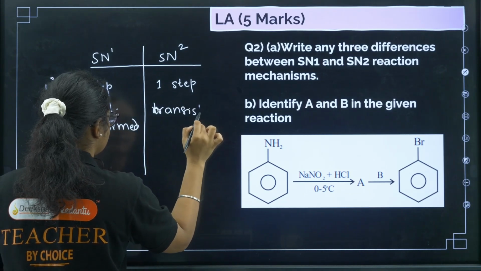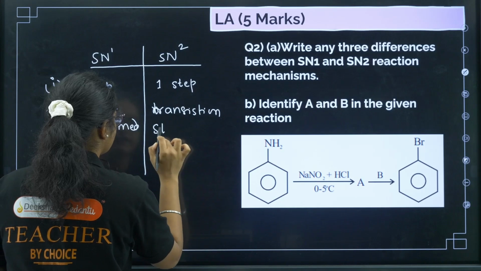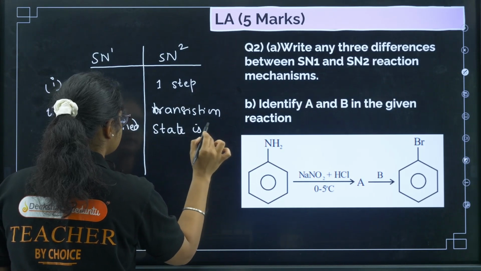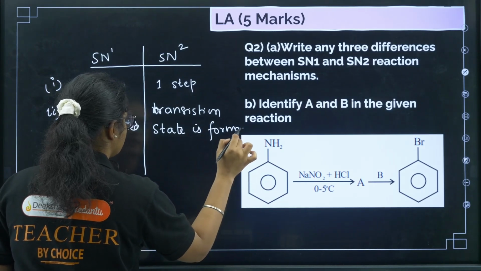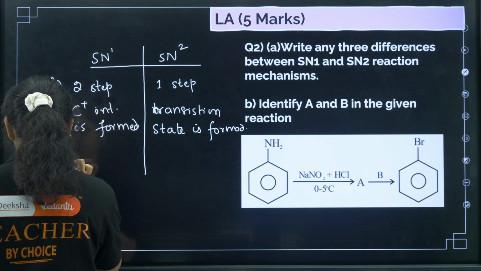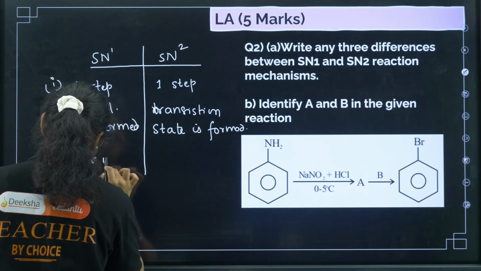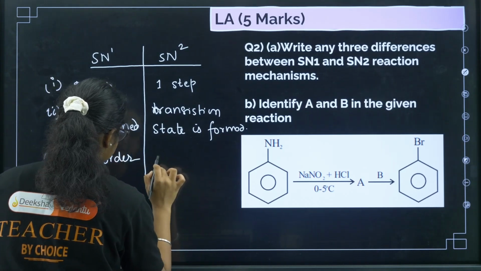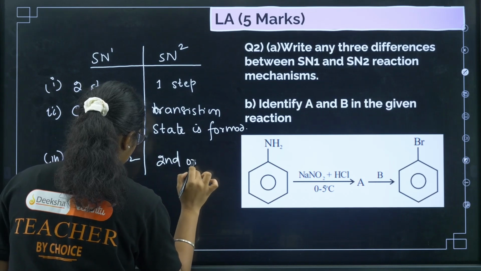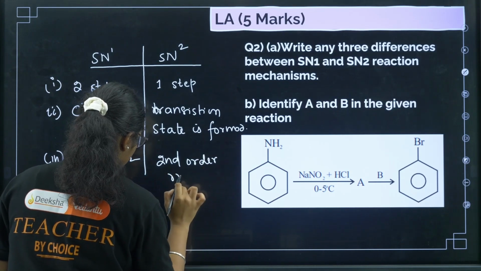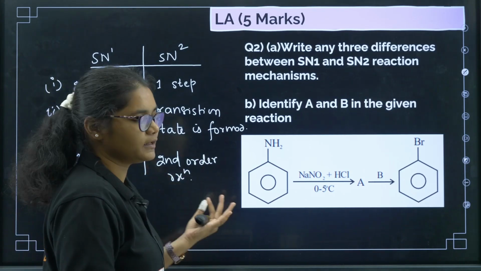There is no intermediate in the SN2 mechanism. Next, SN1 is a first order reaction and SN2 is a second order reaction. Okay, there are many differences, you can write further points as well.